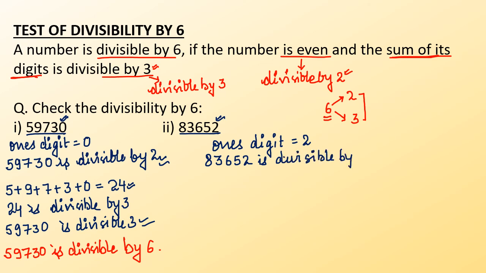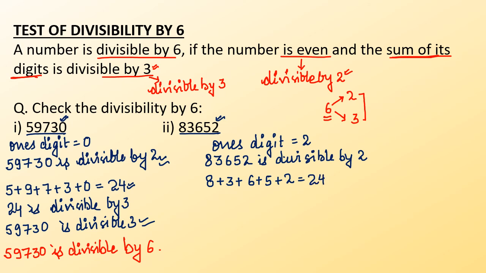Now we have to check the divisibility by 3. So add all the digits: 8 plus 3 plus 6 plus 5 plus 2. 8 plus 3 is 11, 11 plus 6 is 17, 17 plus 5 is 22, and 22 plus 2 is 24.